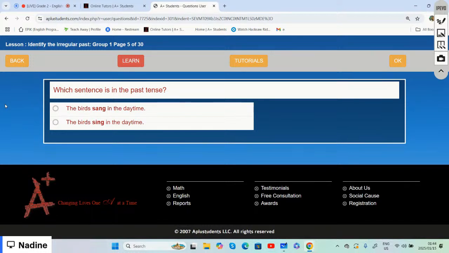The next one says, which sentence is in the past tense? The birds sang in the daytime or the birds sing in the daytime?